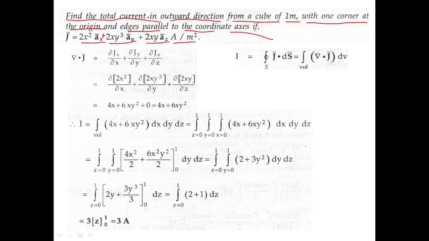So first we'll understand the diagram. So this is what I've told. So this is x, this is y, and this is z, right? So now here the cube is placed in this way.